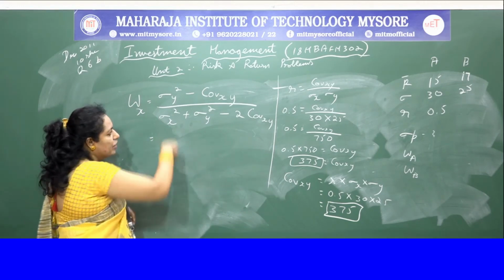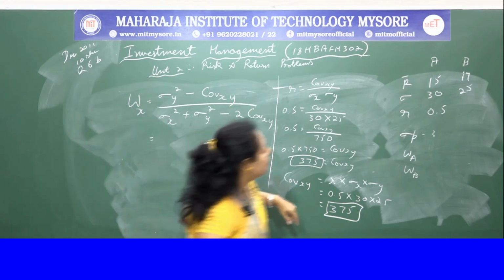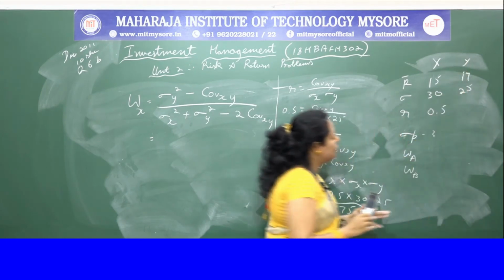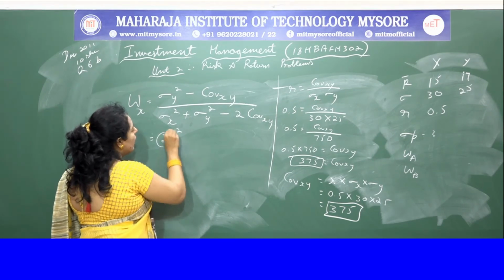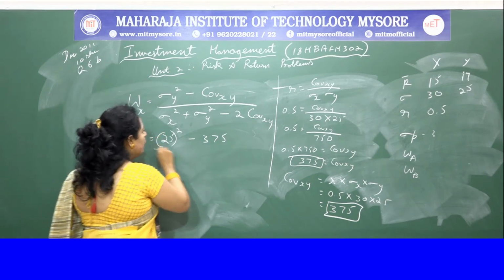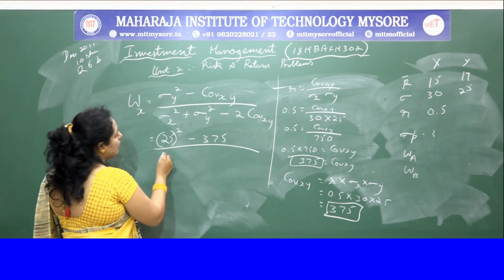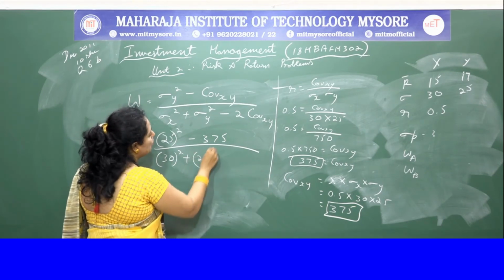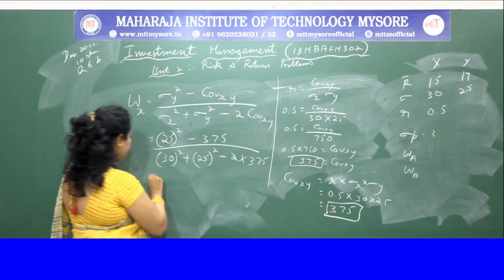For this we are going to substitute the values. Standard deviation of Y is 25. So I'll write 25 square minus covariance, which we have just calculated as 375, whole divided by standard deviation of X, which is 30 square, plus 25 square minus 2 into 375.